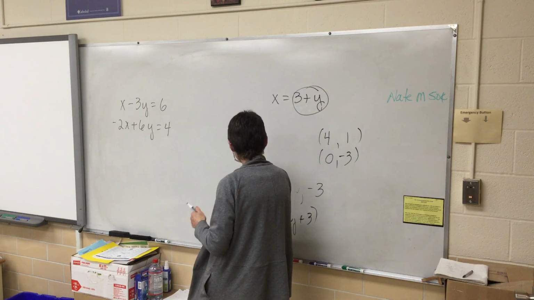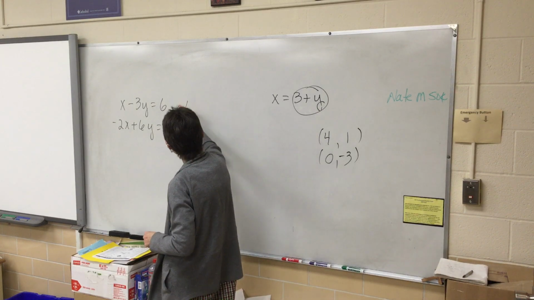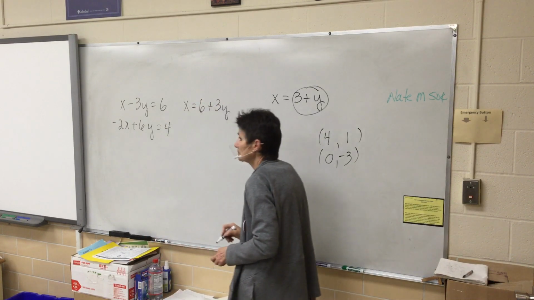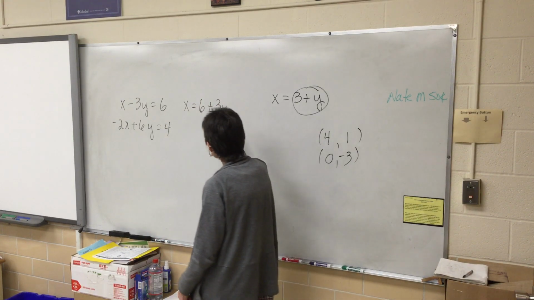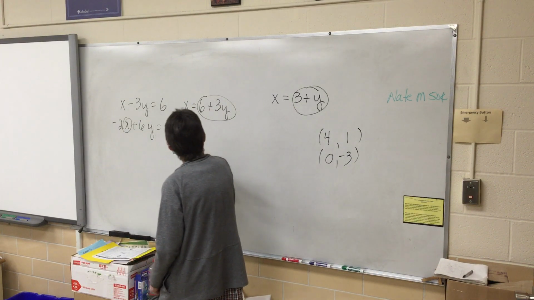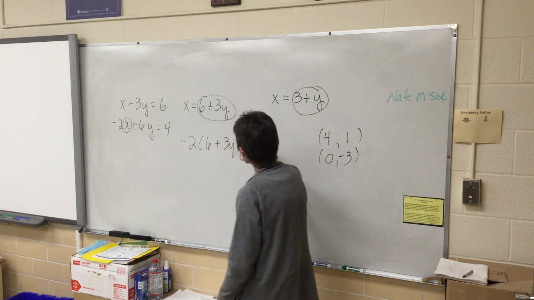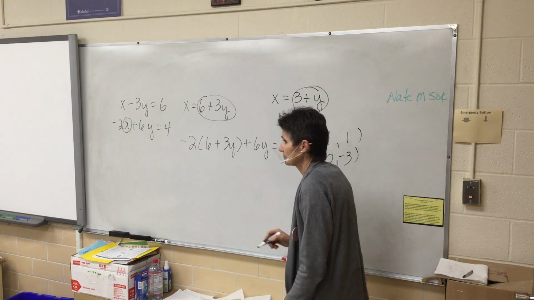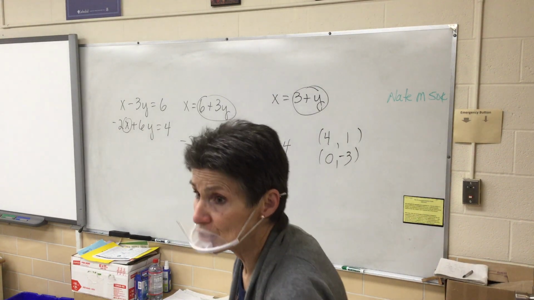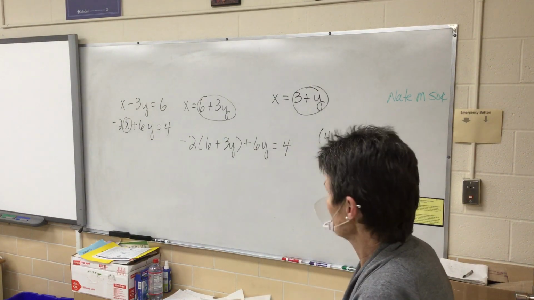We've got to get something by itself, and it makes sense to get that x by itself. So then I'm going to take this and plug it in here. This would be your approach if you were doing substitution. We could clearly use a different strategy if we wanted to, but we're going to follow the directions.